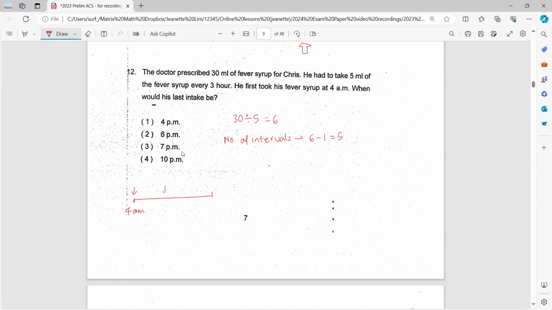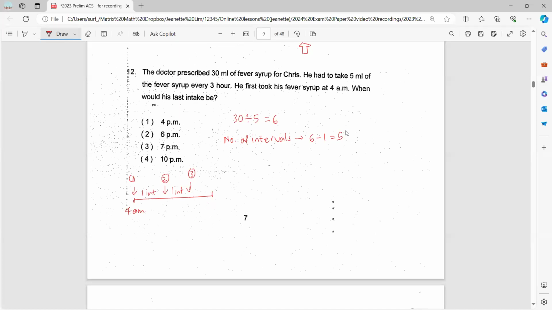If he takes it another time, 2 times, there's only 1 interval. If he takes it 3 times, 2 intervals. So if he needs to take it 6 times, it's 6 minus 1, so 5 intervals.